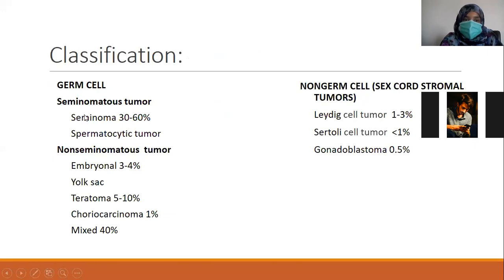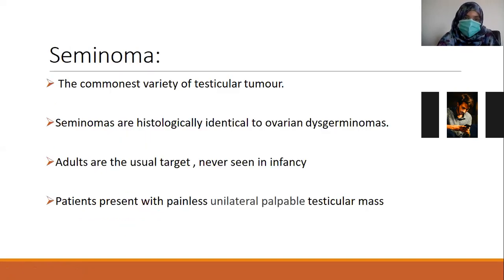In seminomatous tumors, there are seminomas and spermatocytic seminomas. In non-seminomatous tumors, there are embryonal, yolk sac, teratoma, choriocarcinoma, and mixed type tumors. In non-germ cell, also called sex cord stromal tumors, there are 3 tumors: Leydig cell tumor, Sertoli cell tumor, and gonadoblastoma. So you have to memorize the classification.